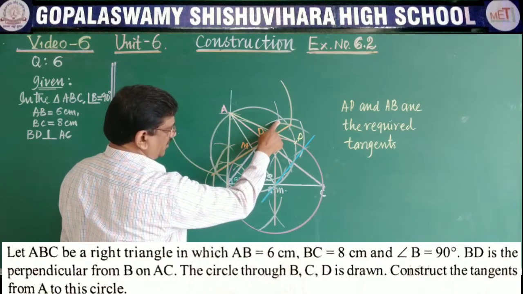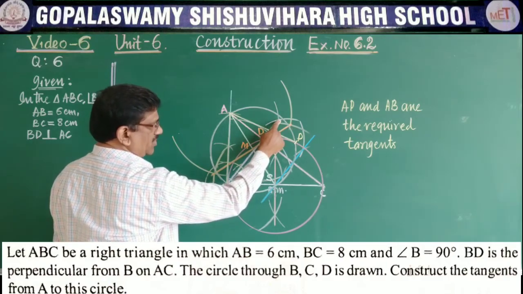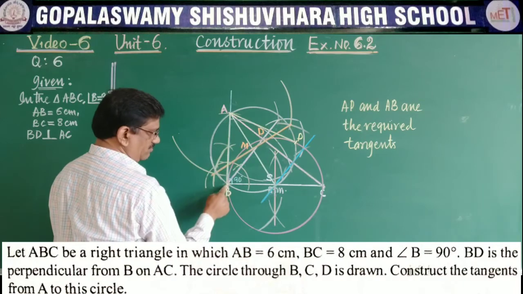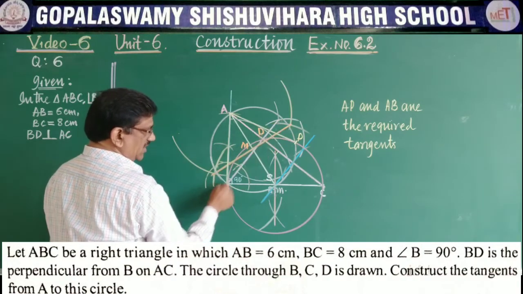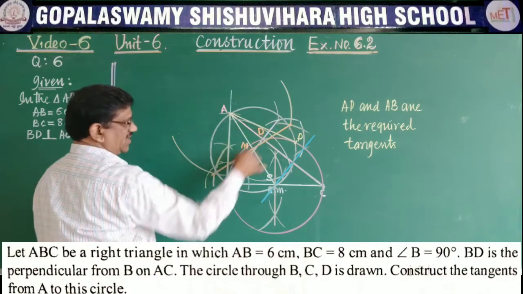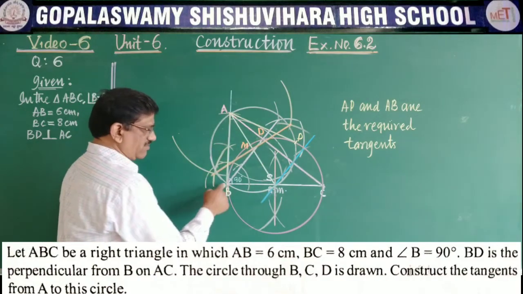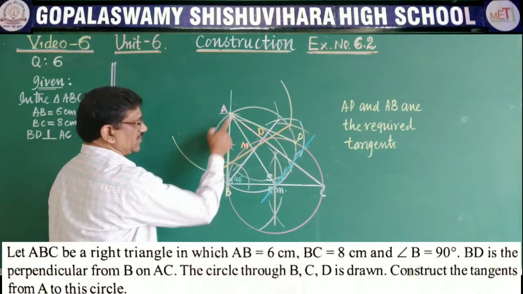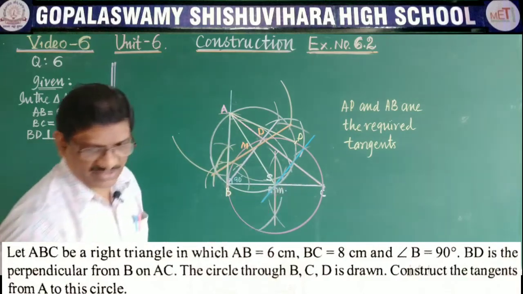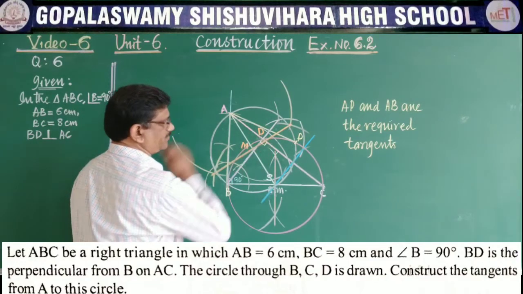Join this point with B, so that the line is perpendicular to AC. Where it cuts the line AC, name it as D, that is BD is perpendicular to AC. Understood, children? BD is perpendicular to AC.